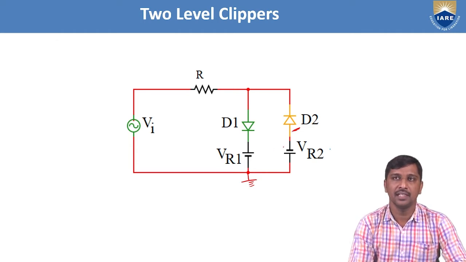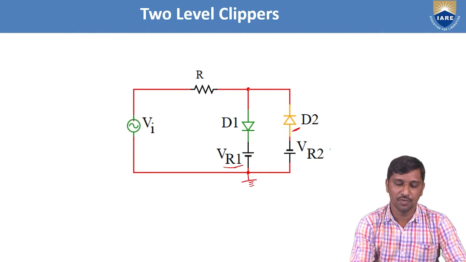Here we are combining these two. D1 acts as a positive peak clipper, and based on its construction, D2 acts as a negative peak clipper, so we are combining the positive peak clipper as well as the negative peak clipper. For the diode D1, we added some DC reference voltage, which I represent as VR1.